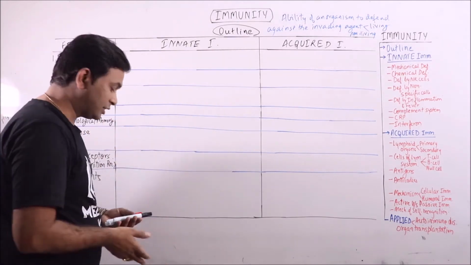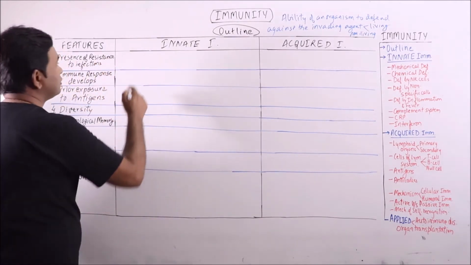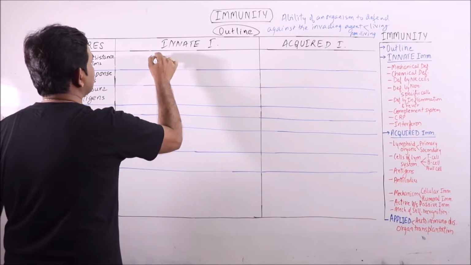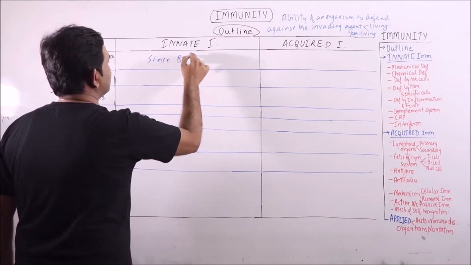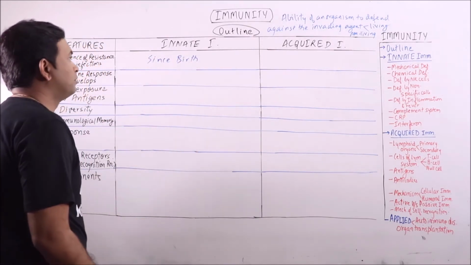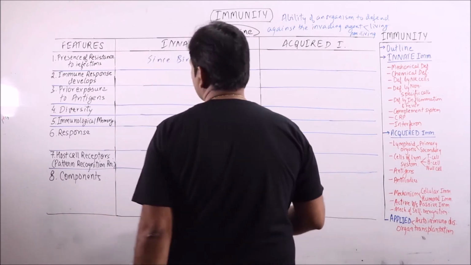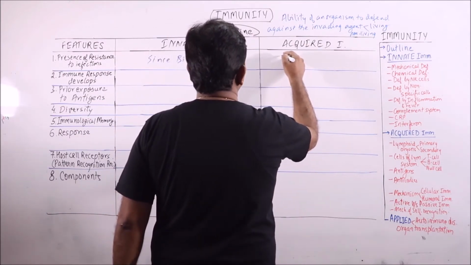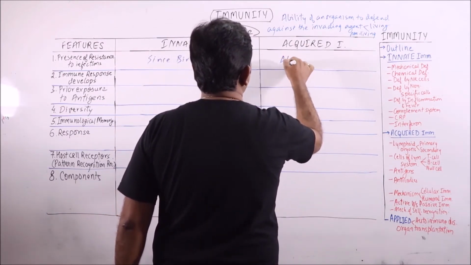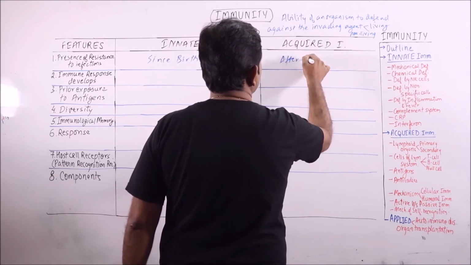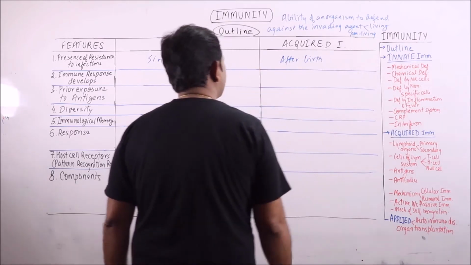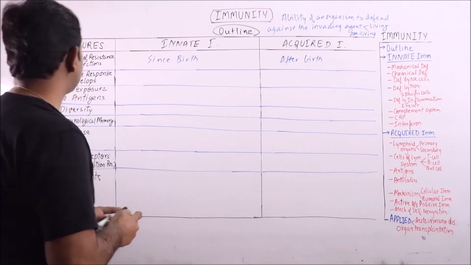It works since birth. So, it is present since birth. But the acquired immunity appears only after birth, and that also after the exposure of antigens.